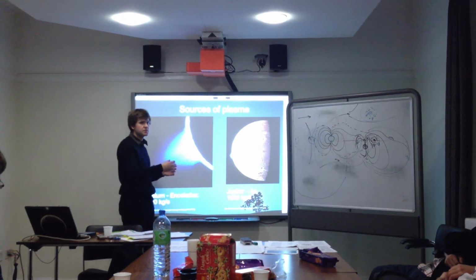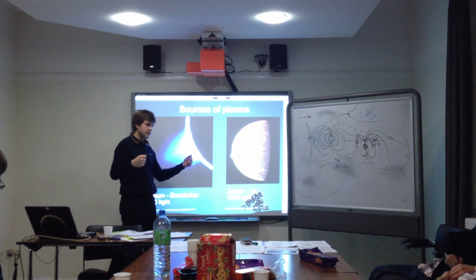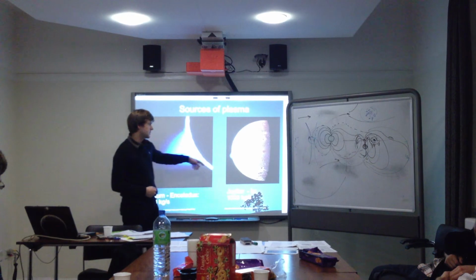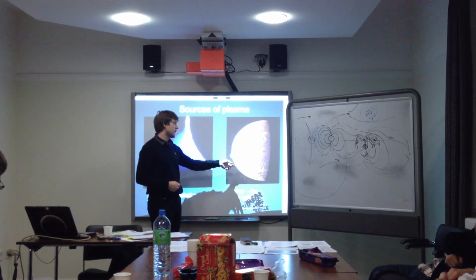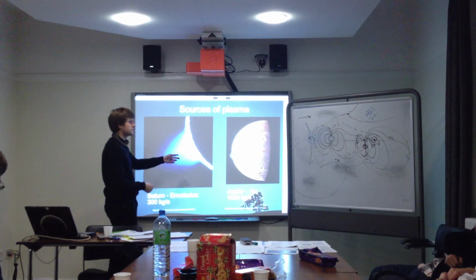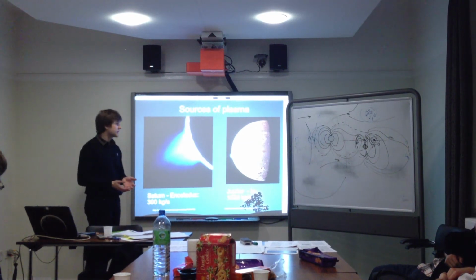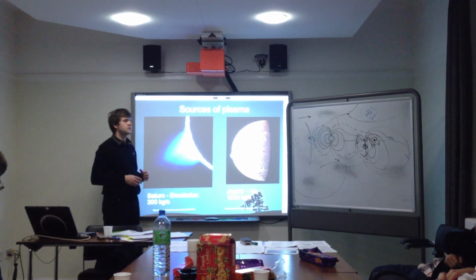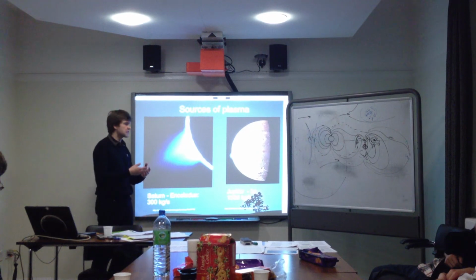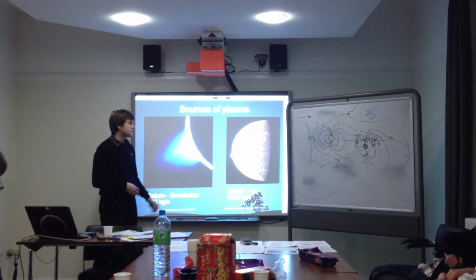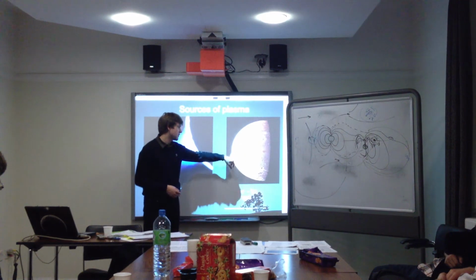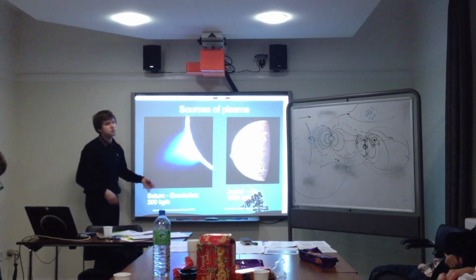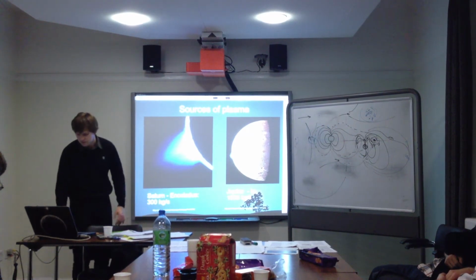Enceladus is on such an orbit that it gets squashed, and then due to that you get quite a high release of heat, and it is exactly the same reason why you get so much activity on Io. But because Enceladus is much further, it's actually covered with ice, and the only way that those geysers could operate would be to release all the water, so the water is heated up and it gets ejected. Whereas Io is close enough to get actually molten lava, so the composition of this plasma is different. This one would contain quite a lot of sulfur, whereas this one contains mostly just water. But it's still plasma, and that's all we care about.